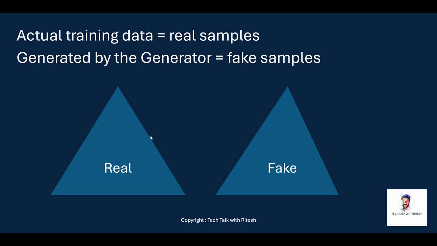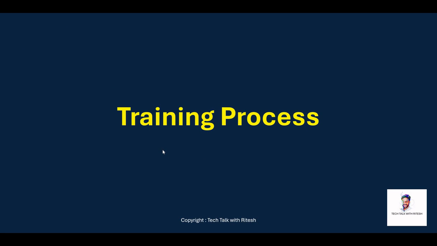So for example, this is real, this is fake. Actual training data is the real sample. The discriminator will see, okay, this is exactly the same, so it's classified as real, and this is generated by the generator, so it will classify it as fake.